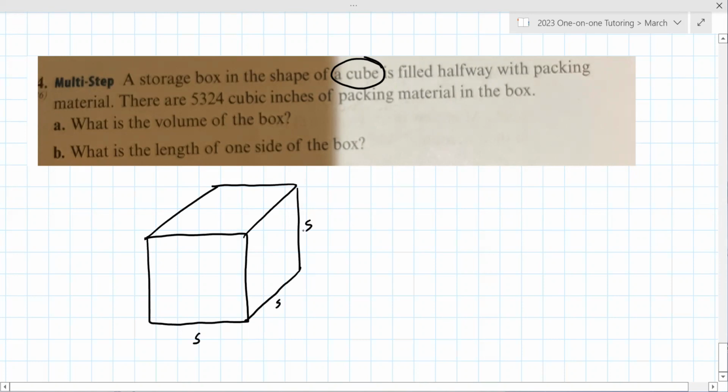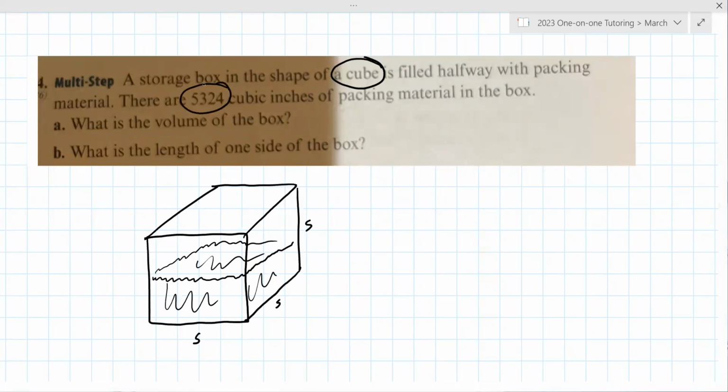Now this one is filled halfway up with packing material. So when they give you this number, is that the volume of the cube? That's half of the volume of the cube.